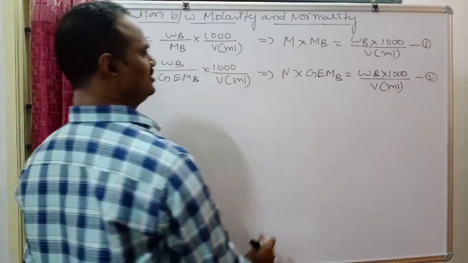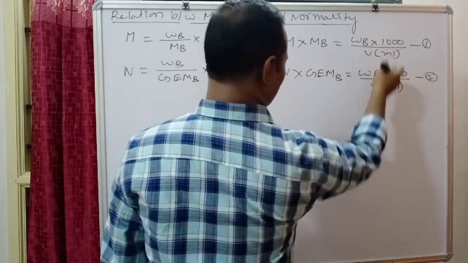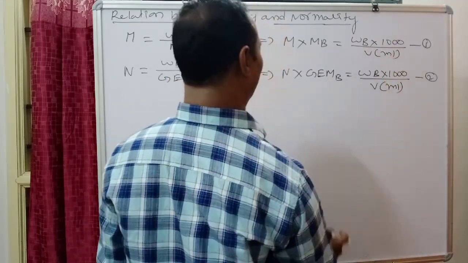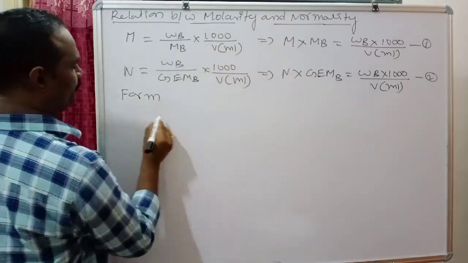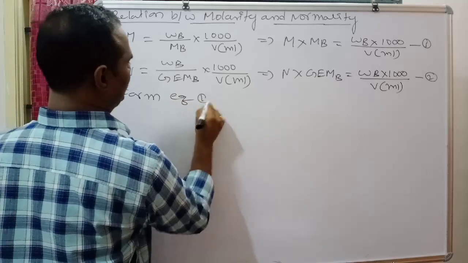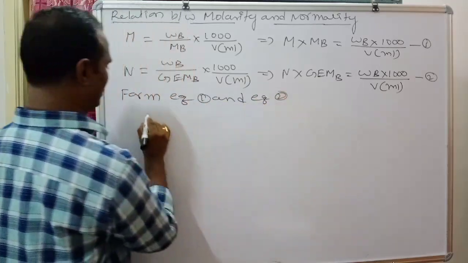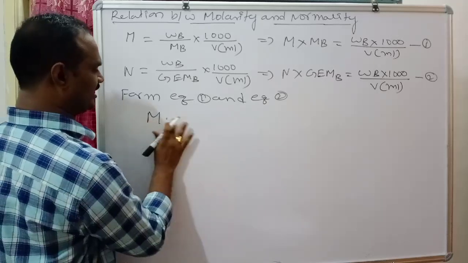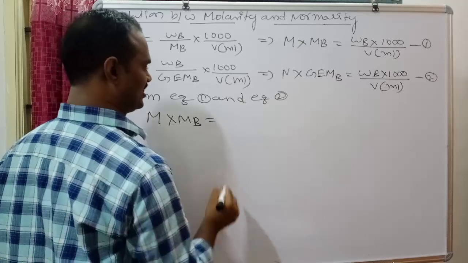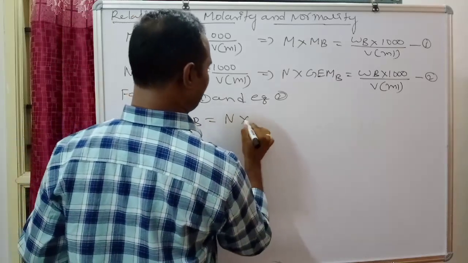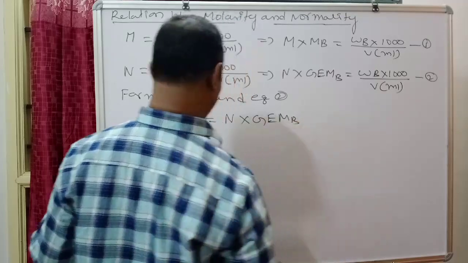Seeing the first and second equations, the right sides are equal, therefore the left sides are also equal. From equation 1 and equation 2, what are we getting? Molarity into molar mass of solute is equal to normality into gram equivalent mass of solute.